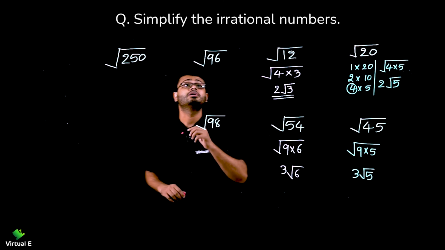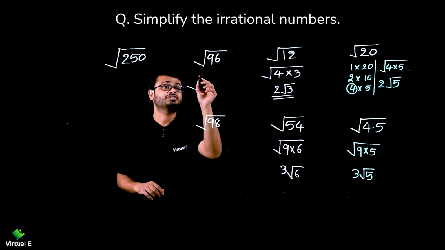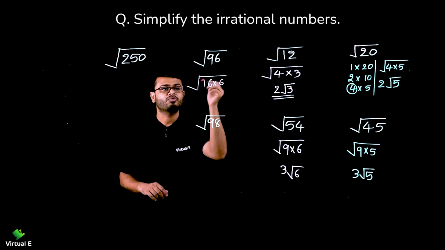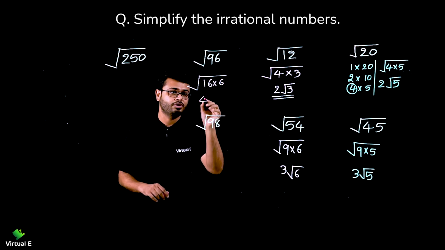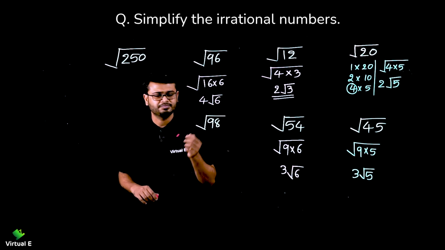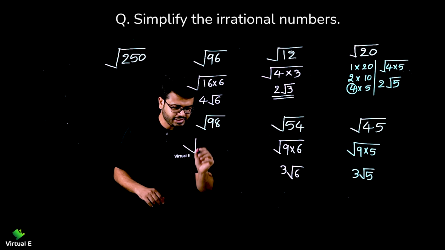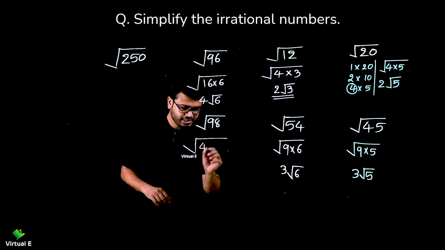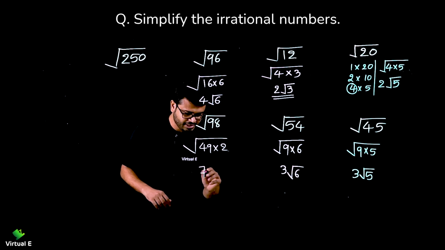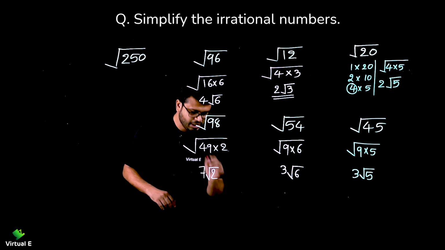Then now 96. So 96 we know very well, that is what? 16 times 6. Square root of 16 is what? 4. And here square root of 6, here 6 will remain as it is. Done. Simple. 98. So 98 we can express 49 multiplied by 2. Square root of 49 is 7, and here square root of 2 as it is.